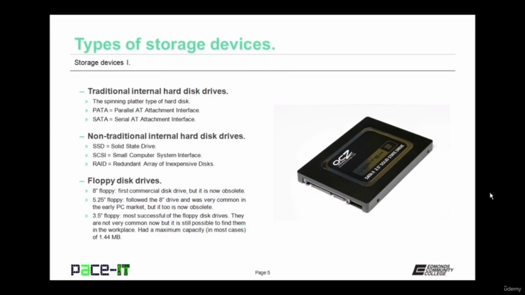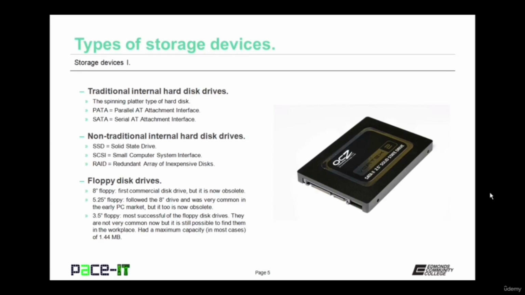Now I need to cover this, but you probably won't find these in a modern system, and that is the floppy disk drive. Floppy disk drives were first commercially successful with the 8-inch floppy. Now it is extremely obsolete. It was replaced by the 5¼ inch floppy disk drive, but it too is obsolete.